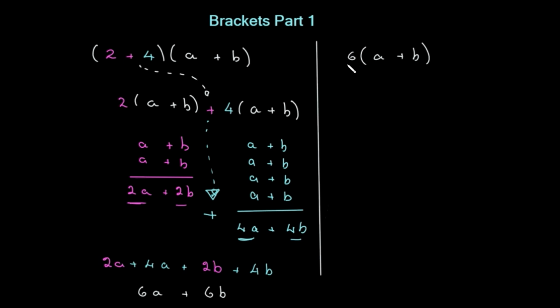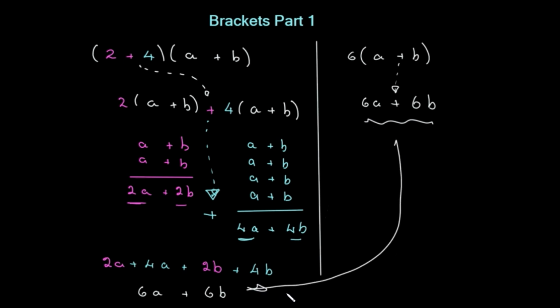You know, that's 6. Is this 2 put with 4, which makes 6. So we end up with 6 times a plus 6 times b. Notice I carry that down. This is exactly the same as that. This is a quicker way. This is a very long way of doing it.